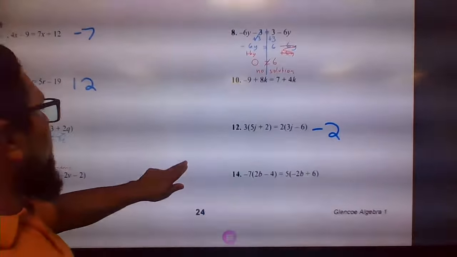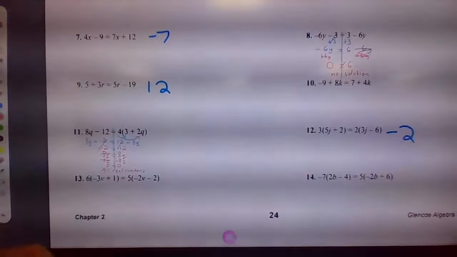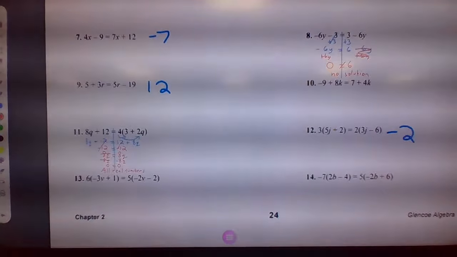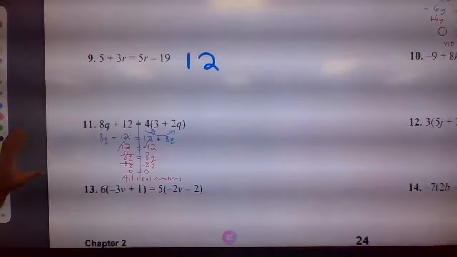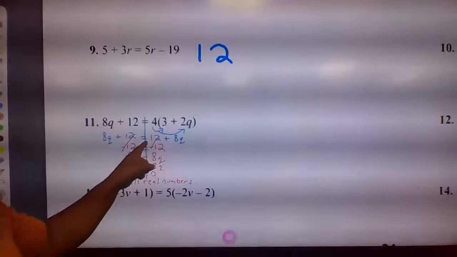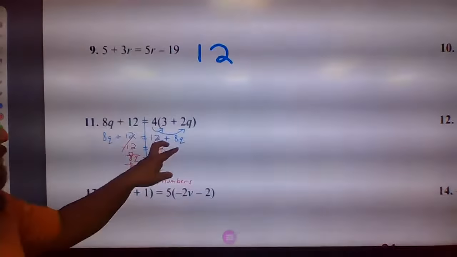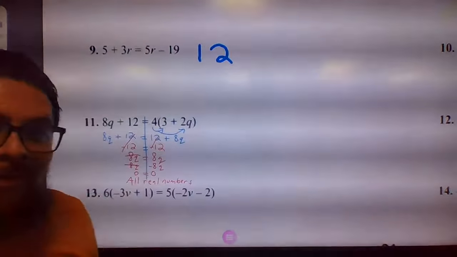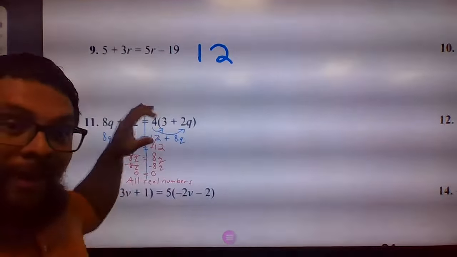Look at number 11. This is equal. Let me zoom in more. This is equal to this one. And then the 12 is equal to that one. Since this is equal to that, any numbers you put in here. Okay? These two are different. They're not like the other problems.